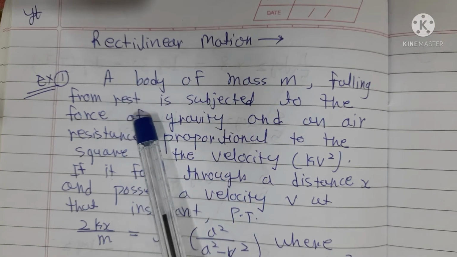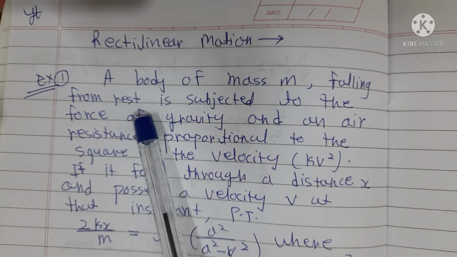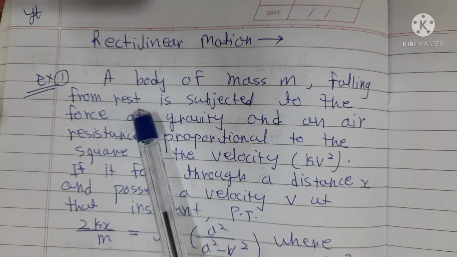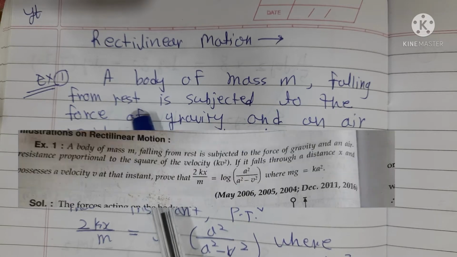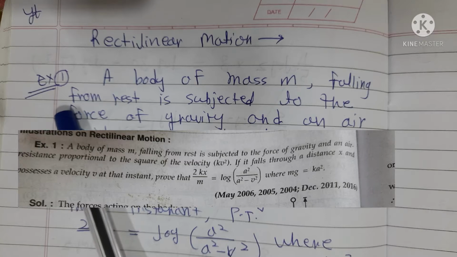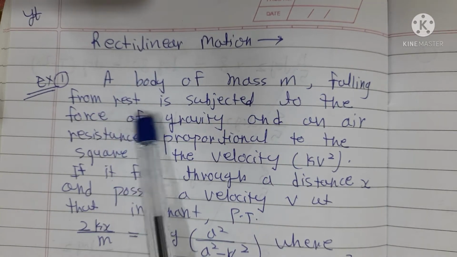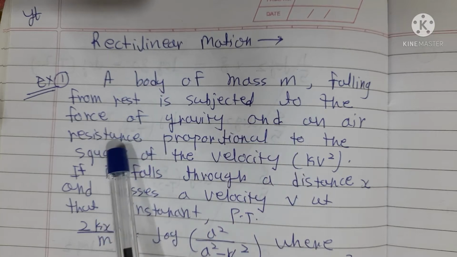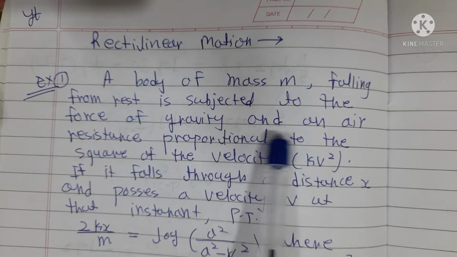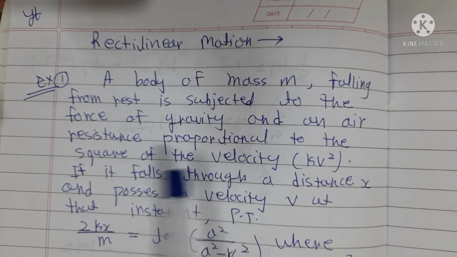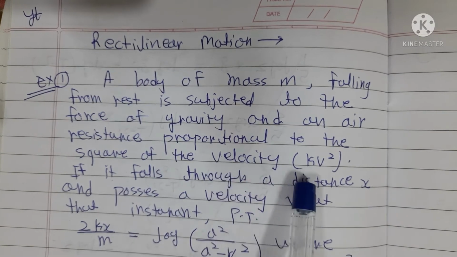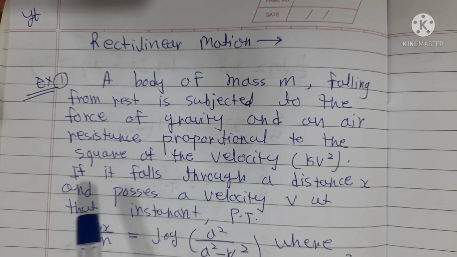This is an example from the Nirali publication book. The topic is the application of differential equation. Now consider example number 1. A body of mass m falling from rest is subjected to the force of gravity and an air resistance proportional to the square of its velocity, that is kv square.